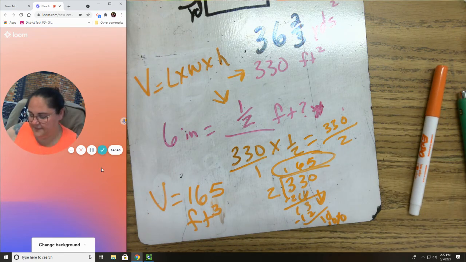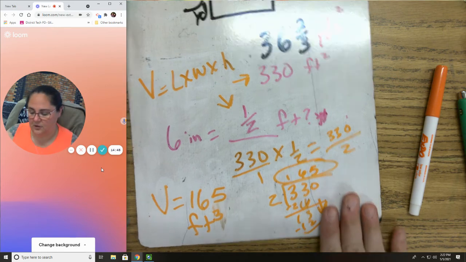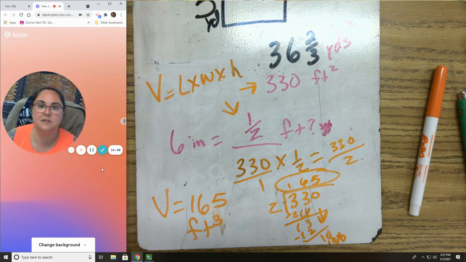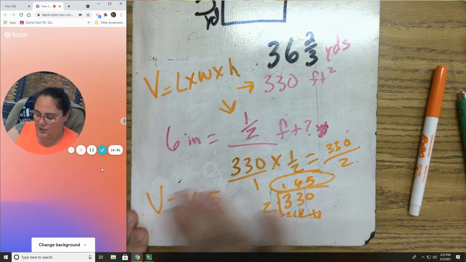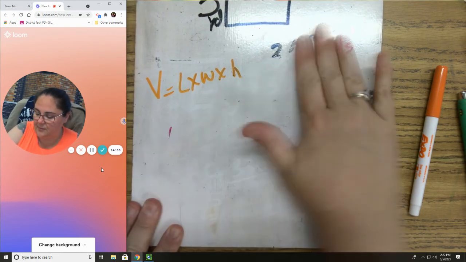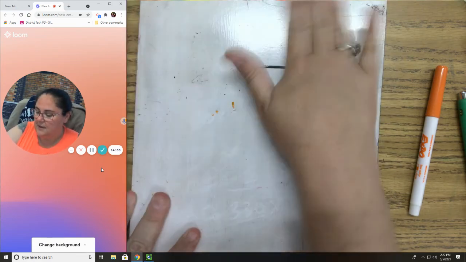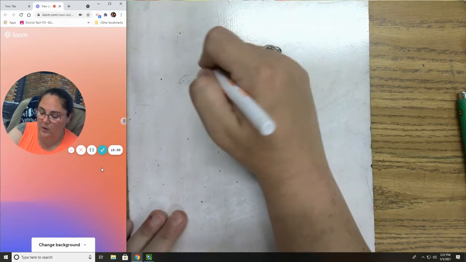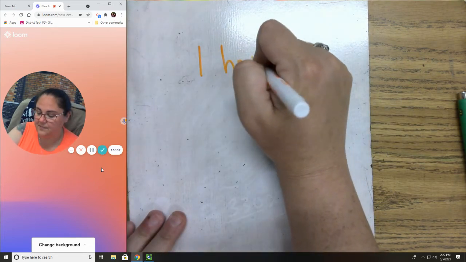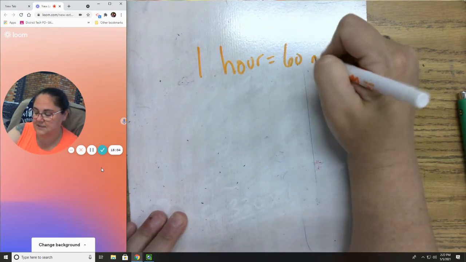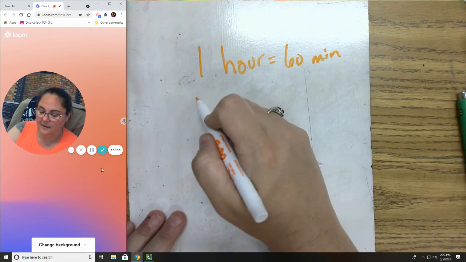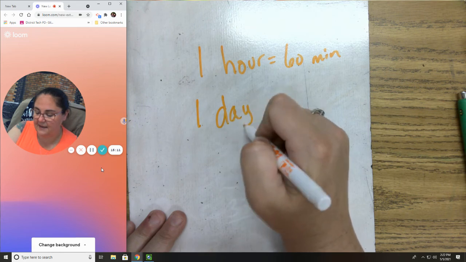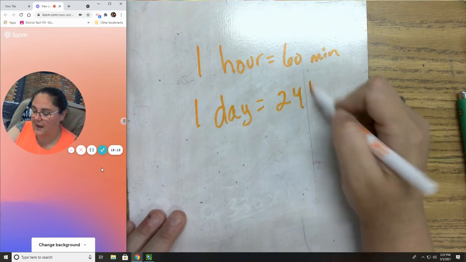All right. The very last couple questions on your quiz are very much similar to what you will see on your test. You have to think about what a fifth grader might do in a certain amount of time, and then you multiply that. So with this being said, you need to remember that 1 hour equals 60 minutes. 1 day is 24 hours.